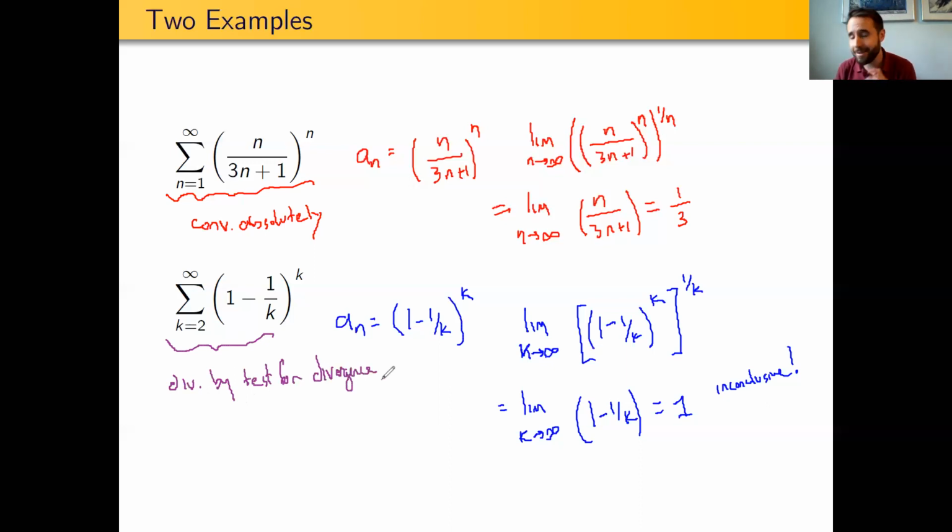How do we know that this fails the test for divergence? How do I know what those individual terms are going to? Well, I can just consider the individual terms. If I have 1 minus 1 over k raised to the kth power, that is actually going to converge as k goes to infinity.